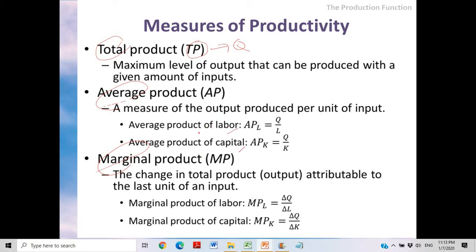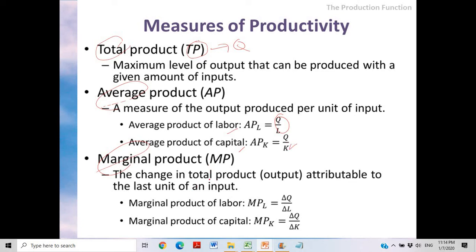So we have average product of labor and average product of capital, in which APL, the average product of labor, has the formula Q over L. Remember, Q just now is the total product. So the total product divided by the number of labor gives us the average product of labor. Similarly, for average product of capital, we divide the total by the number of capital.